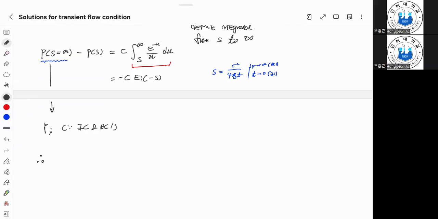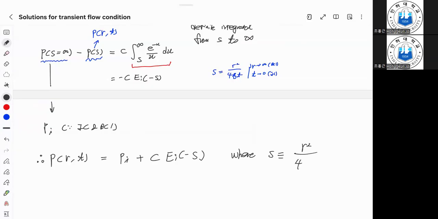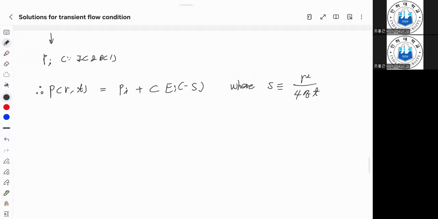Now this P of S is actually a function of R as well as T, which is combined in the S, but now we don't have to say S. So P of R, T is equal to PI plus C times Ei of minus S, where S is R squared over 4 eta T. Now we haven't solved what the C is.